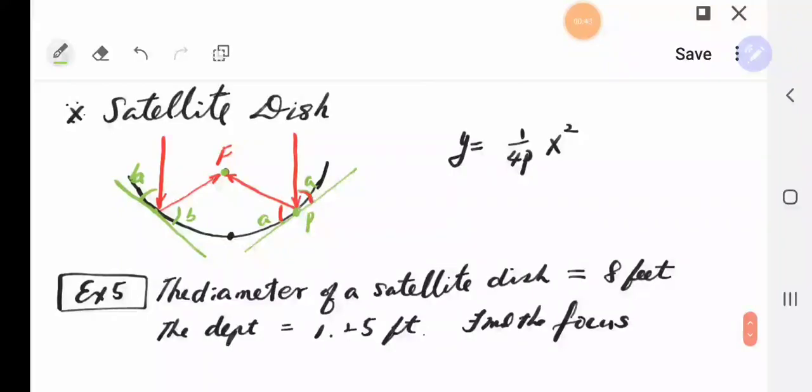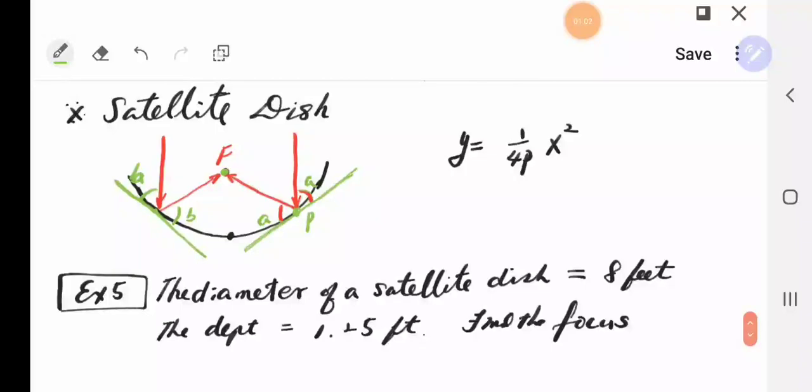Here is a line tangent to the point P. This is the tangent line. And the signal bounces so that the angles, angle A and angle S, are the same. Here's one angle, and the other side is also the same angle.